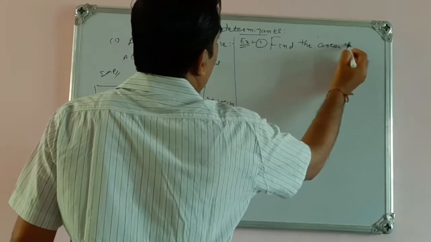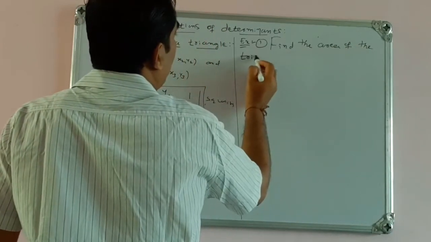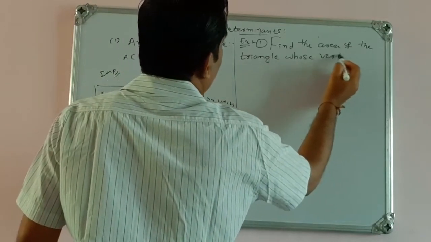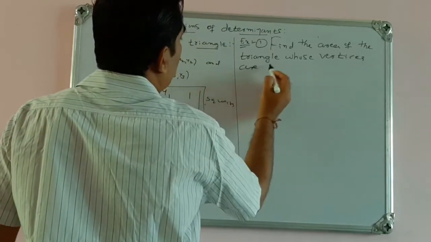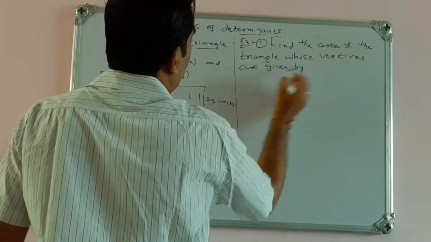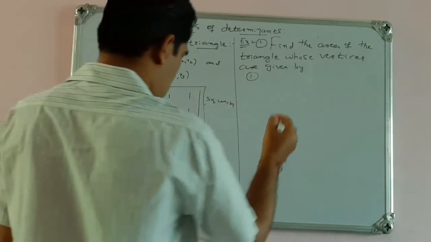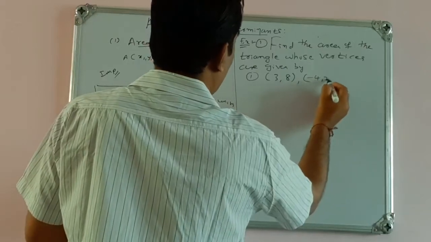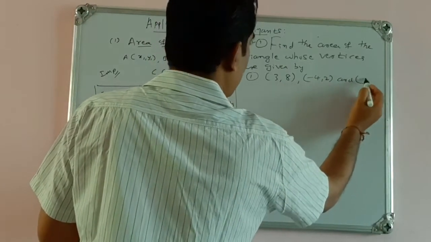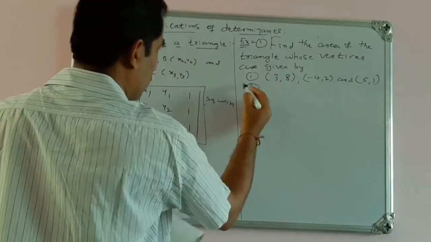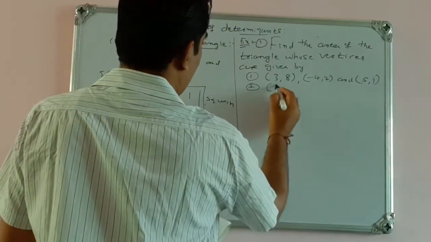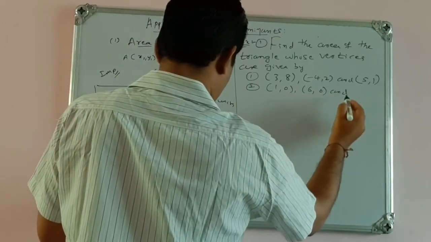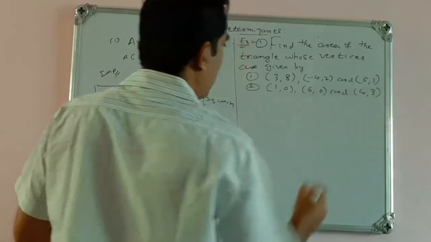Example: find the area of the triangle whose vertices are given by, first one, (3, 8), (-4, 2) and (5, 1). Then the second one, (1, 0), (6, 0) and (4, 3).